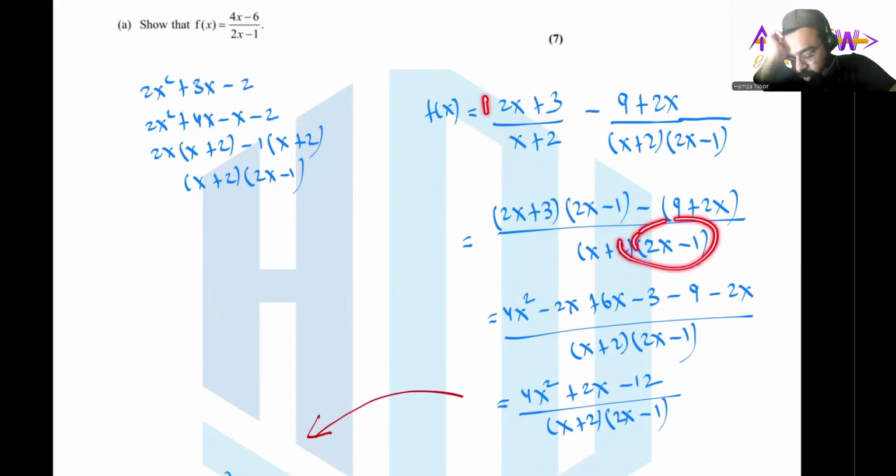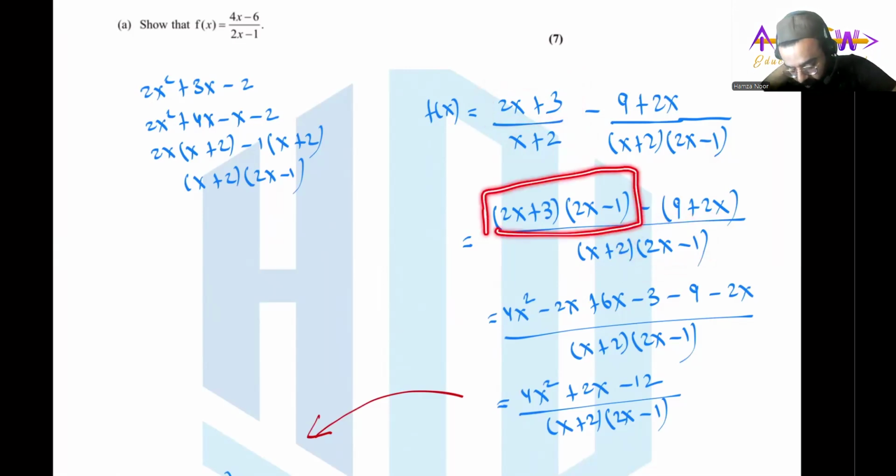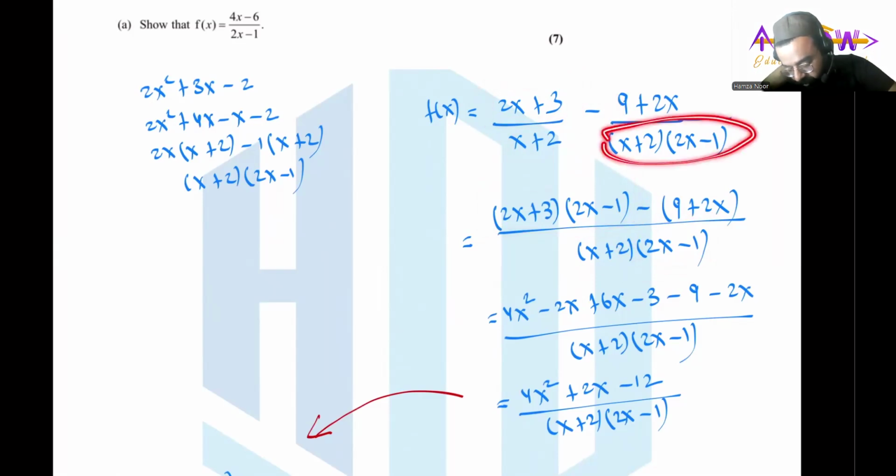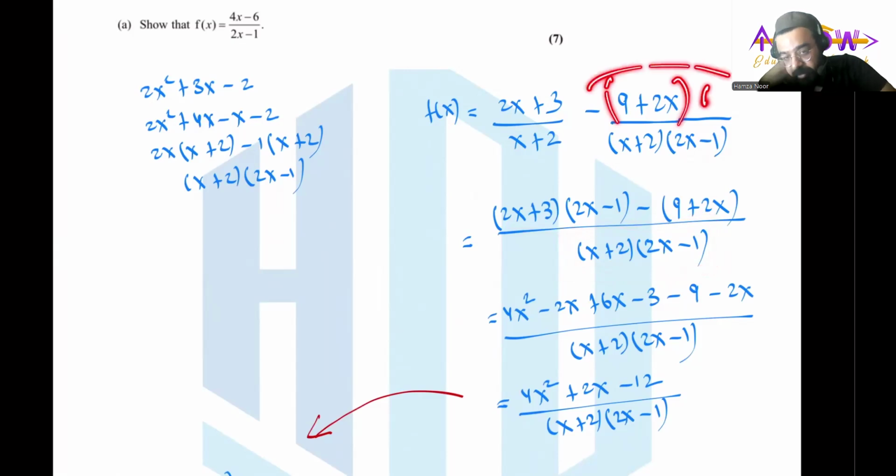So the numerator (2x plus 3) will also be multiplied by (2x minus 1). So (2x plus 3) multiplied by (2x minus 1), and then we have the subtraction sign. And (x plus 2) into (2x minus 1) is multiplied by 1, such that you get this expression.